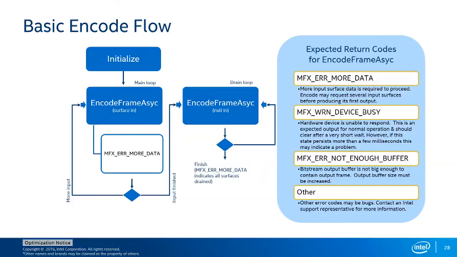So you'll probably need to loop over the operations multiple times to go through the states. So the outputs indicate the action you need to take. Seeing an error doesn't necessarily mean there's something wrong with the program. It just means that something is required from the application, from the developer. So here with Encode, more input is required to process the frame if you see that output.